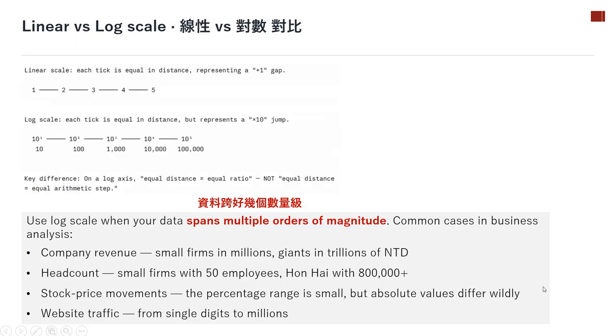And when we need to change that, just like your company revenue, we have a giant company, we have a tiny company. And like the headcount, maybe your employee number is totally different, and like the stock price and the website traffic, all these things, you need to change from the linear to the log scale.